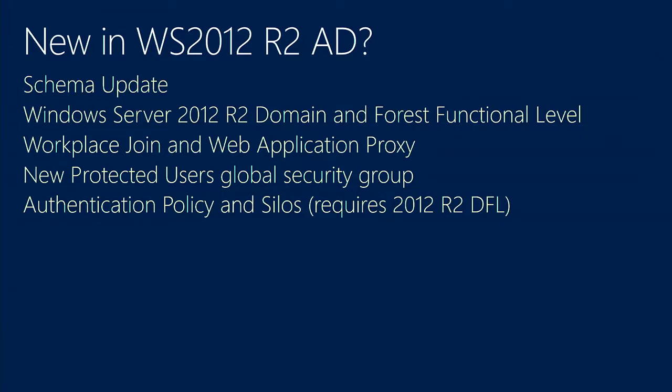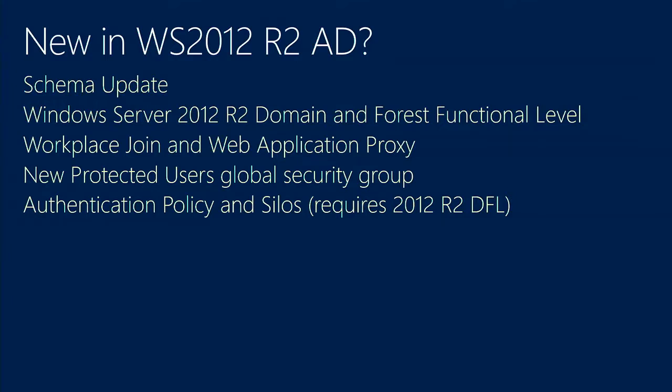For the domain functional level, if you introduce something called authentication policy and authentication policy silos, which we'll talk about in a minute, then you're required to have the 2012 R2 domain functional level for those. There's nothing that's linked to the forest functional level as far as I'm aware. So if you get up to 2012 R2 forest functional level, the only implication is that you can't then introduce down-level domains. So you can't create, for example, a 2012 AD domain as a child.